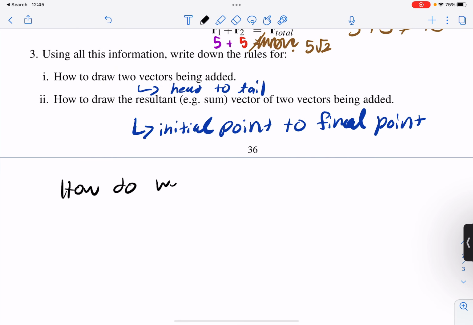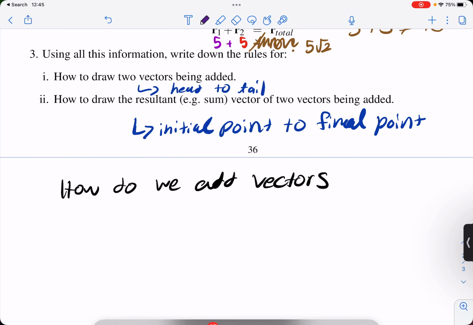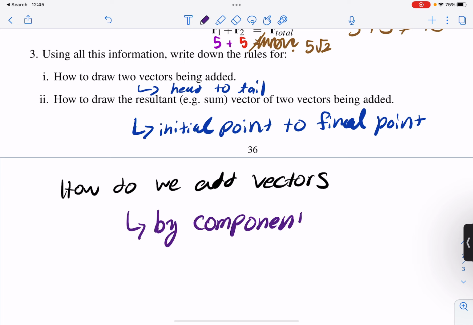How do we add vectors? By components, as we did in pre-cal, or Pythagorean theorem.